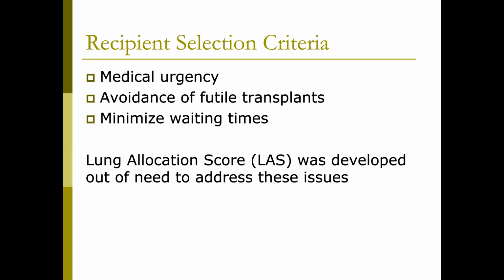In 2004, individuals that spent the most time on the wait list got transplanted. In 2005 or so, the Transplant Society came up with the Lung Allocation Score that allocated lungs slightly differently, not based on the wait list only, but also based on clinical criteria that we're going to dive into in a minute.